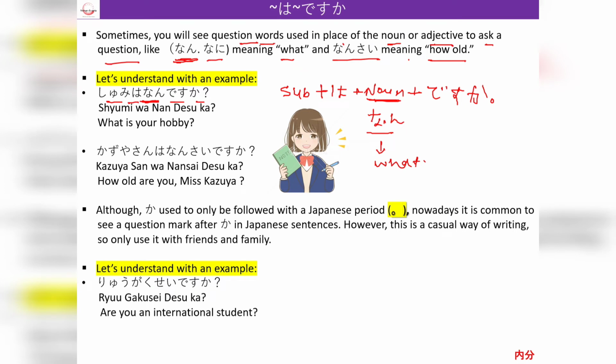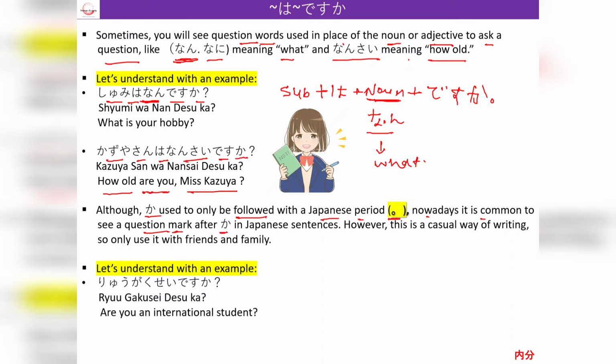Here is one more example: Kazuya-san wa nansai desu ka. So he is asking, how old are you, Mr. Kazuya? Basically, whenever you ask a question in Japanese, ka is followed by the Japanese period, which is maru. But nowadays it is common to put a question mark after ka.